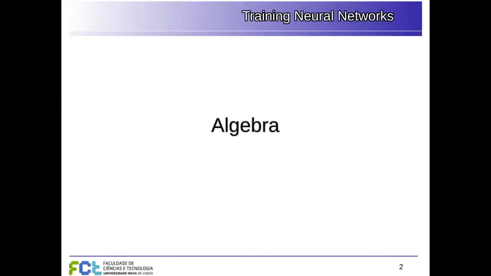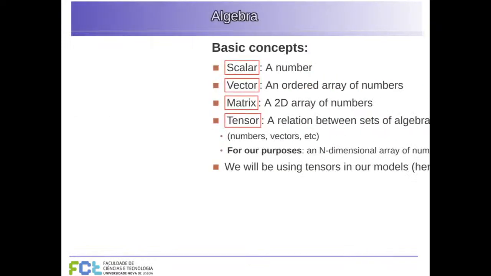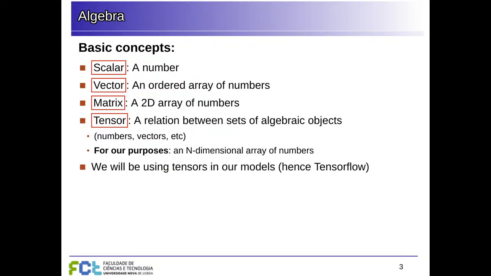So let's start with a brief revision of some basic concepts. In algebra, when we talk about a scalar, this is just a number, basically. A vector is an ordered array of numbers, and then we usually talk about a matrix, which is a two-dimensional array of numbers.